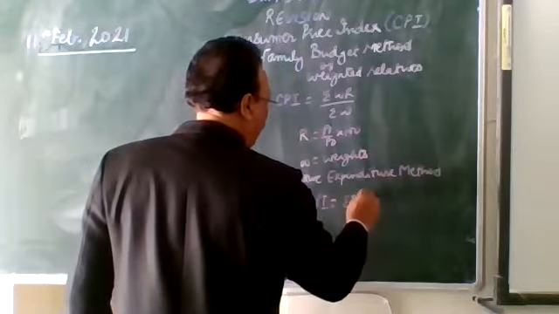Okay, the weights are given, W in percentage. What are the weights given? 35, 10, 10, 20, 15 and 20.